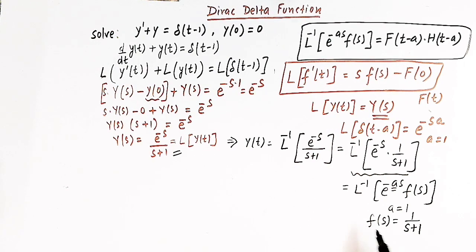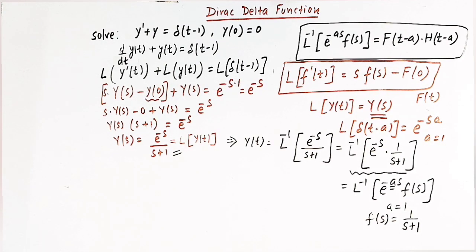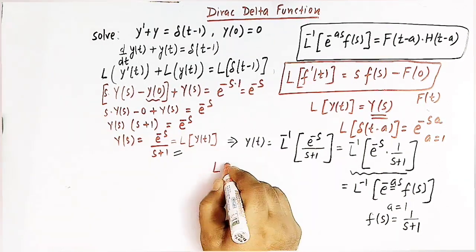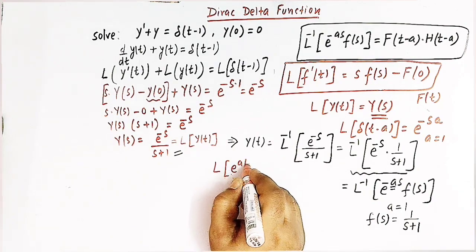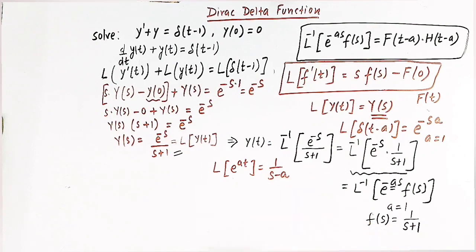So the Laplace transform of some function is f of s equal to 1 over s plus 1. So let us find out that function whose Laplace transform is 1 over s plus 1. Now we know that the Laplace transform of the function e raised to at is given by 1 over s minus a, right?